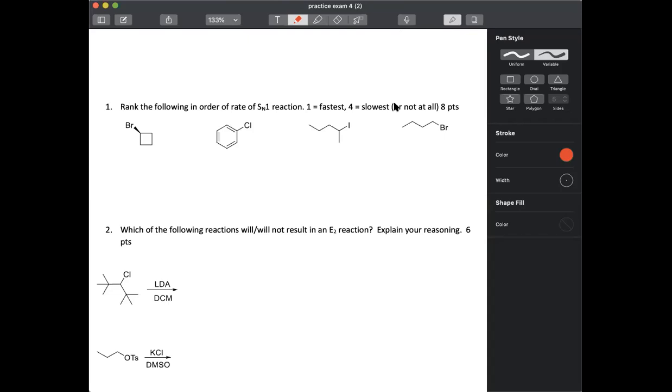Anyone? If it's primary, secondary, or tertiary. Yeah, I think that's the best way to go about this. You look at if it's primary, tertiary, secondary, methyl, right? And we know for SN1, the more substituted substrates react the fastest, right? So what is going to be the fastest?